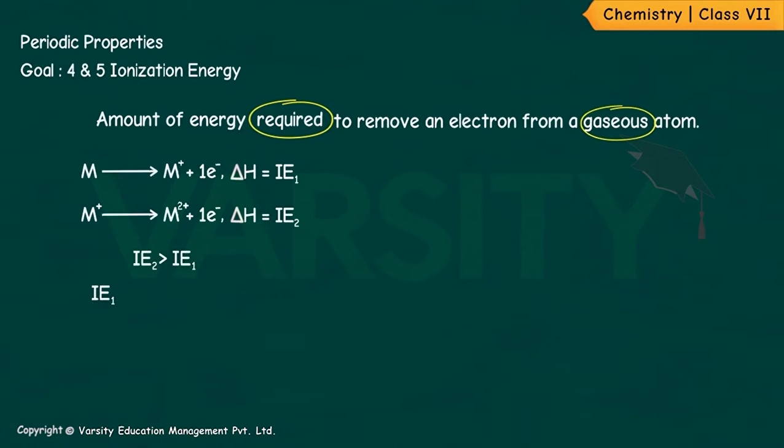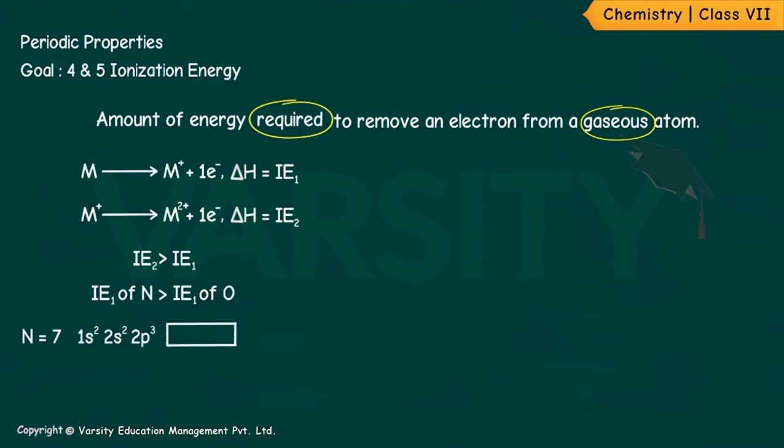If you take an example, the first ionization energy of nitrogen atom is greater than the first ionization energy of oxygen atom. In this, nitrogen atomic number is 7, which is equal to 1s2, 2s2, 2p3.